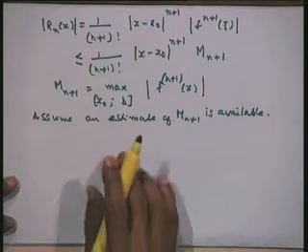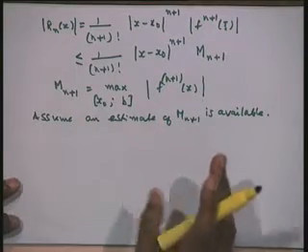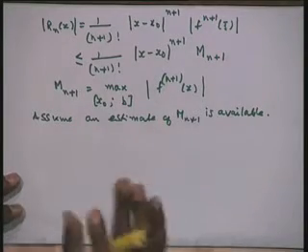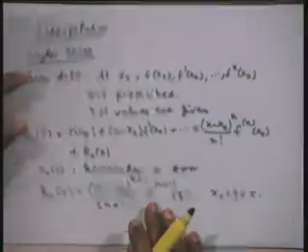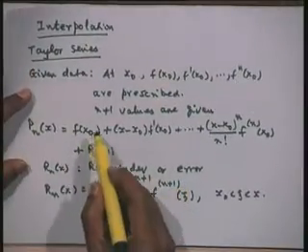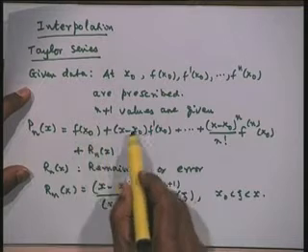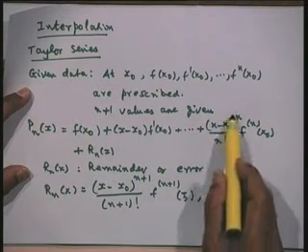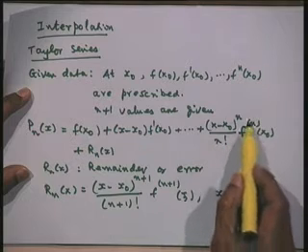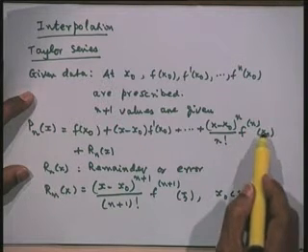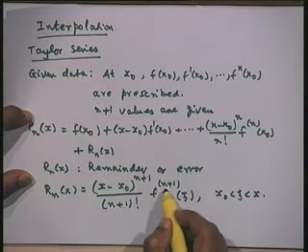Now, a way of getting an estimate is, suppose you are asked to construct a 5 term Taylor series. 5 term Taylor series means starting with this 1, 2, 3, 4, 5, that means up to the 4th derivative. So, x minus x naught to the power of 4 over factorial 4 times f 4. Now, the remainder term will involve the 5th derivative.